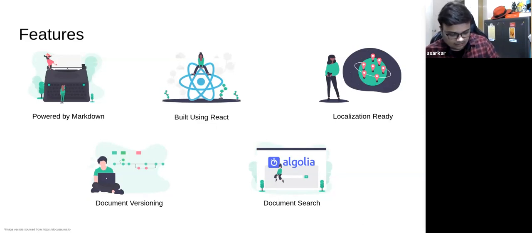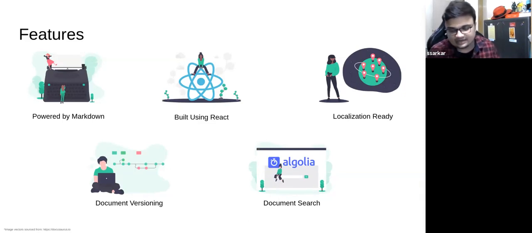And a search implementation, anyone who has worked on web development and implementing some kind of search functionality for any website knows it's not really the easiest cookie to crumble. It can be pretty technically challenging at times as well. Docusaurus, on the other hand, gives us a really nice, elegant solution for this.